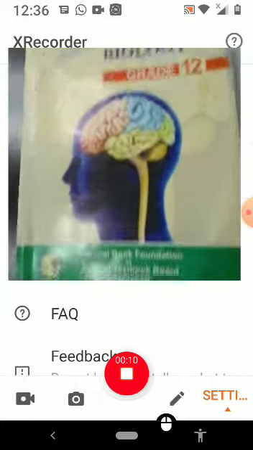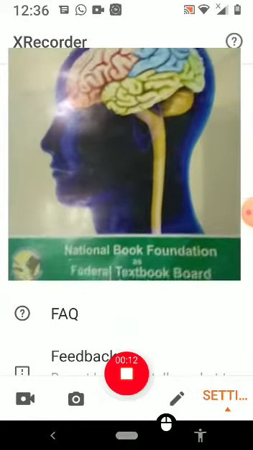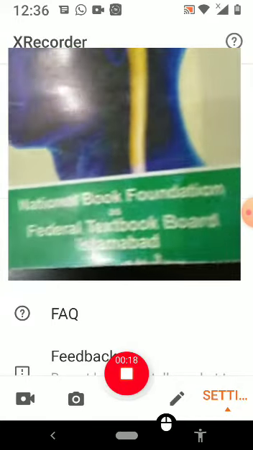The book that you'll be using for this purpose is by National Book Foundation, Federal Textbook Board.